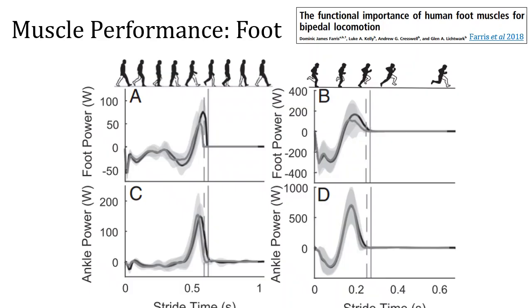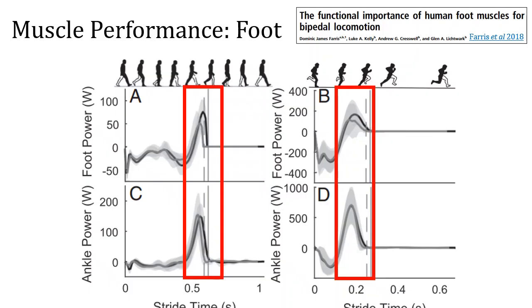You can see that with the ankle power, there's really no change, regardless of whether you're looking at walking or running, and we would expect as much because the ankle plantar flexors are not necessarily affected by the tibial nerve block as much as the foot intrinsics are.